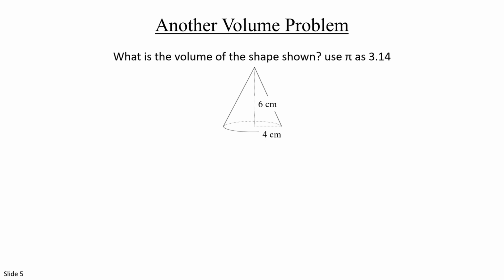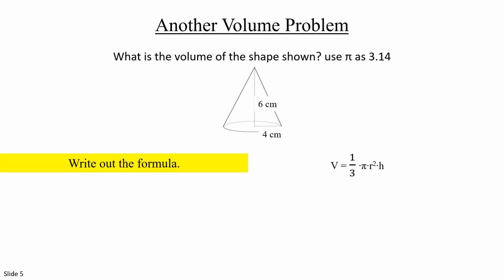Here's another one. It's the volume of this shape using pi as 3.14. Well, we write the formula, 1/3 pi r squared h. Because remember, it's 1/3 of the cylinder, which is pi r squared h, so 1/3 of that. I prefer to write it pi r squared h over 3, but you can use it either way as a formula.